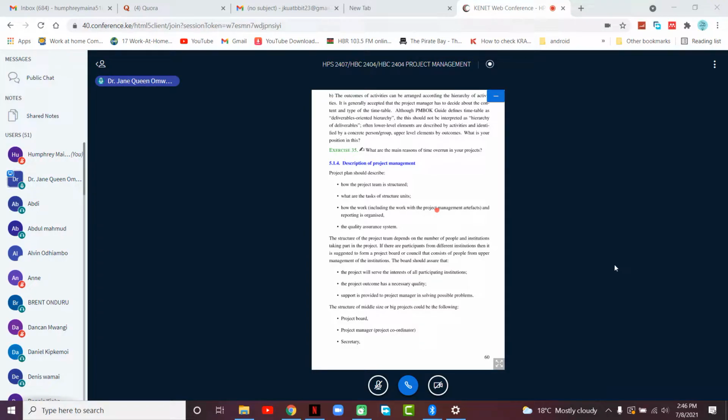So the project plan should describe how the project team is structured, what the tasks of the structure units are, how the work and the reporting is organized, and the quality assurance system.